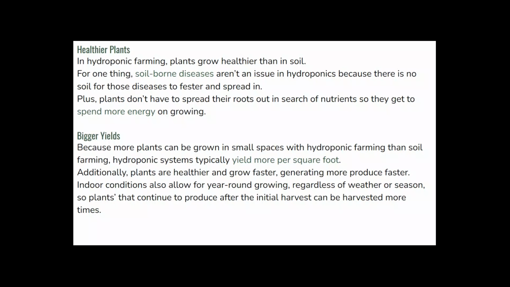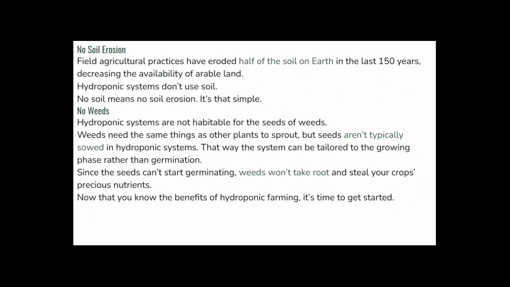Additionally, plants are healthier and grow faster, generating more produce faster. There's no soil erosion because they don't use soil. There are going to be no weeds, because since there's no soil, weeds can't grow in the area.